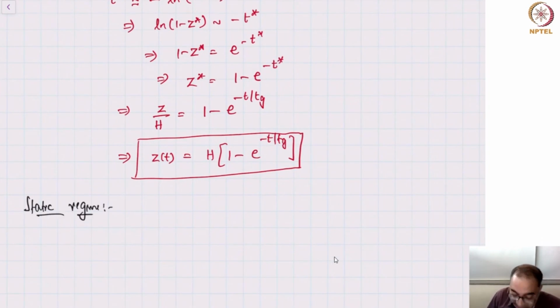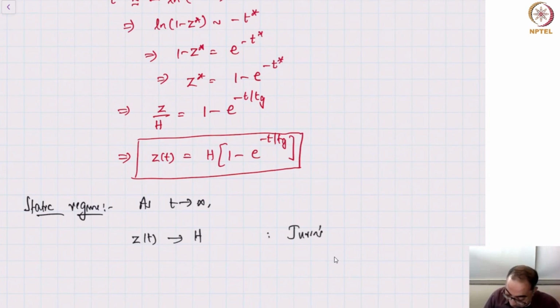It's not a regime per se; it's the final height. As T goes to infinity, clearly you can see Z of T approaches H. So this is the final height, and we know that this is the Jurin's law. It reaches the final height, which is given by the Jurin's law.